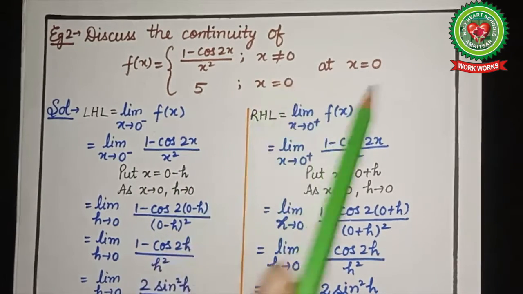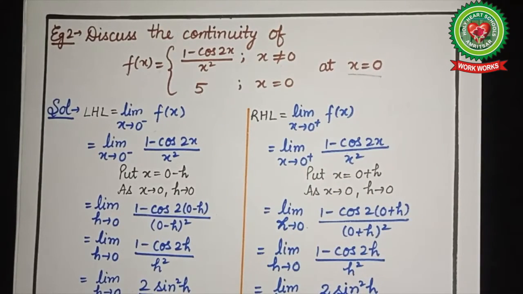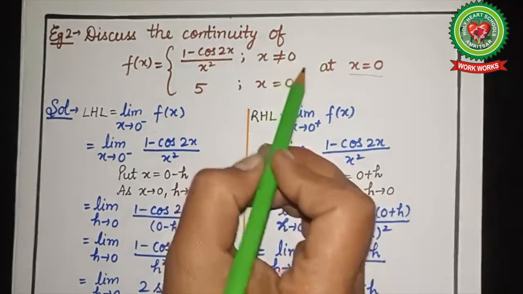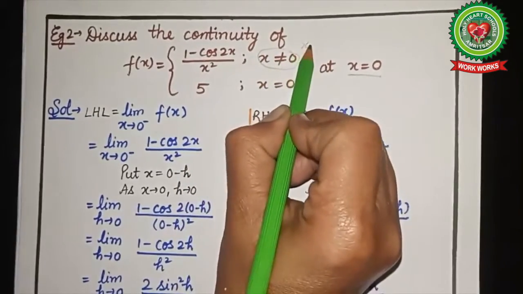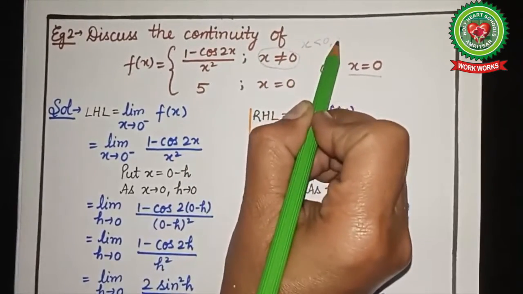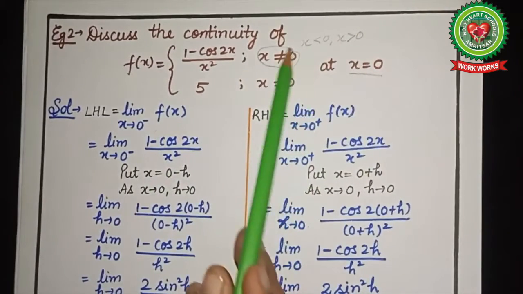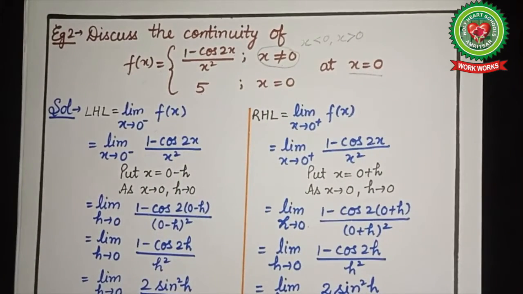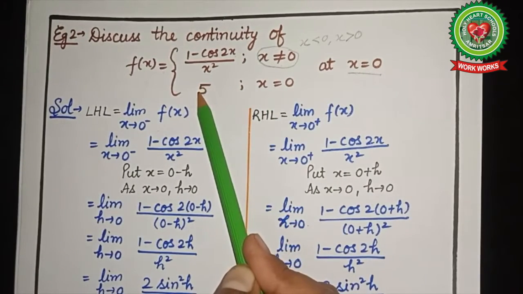So we have to check the continuity at x equal to 0. Now here, not equal to 0 means when x is less than 0 or x is greater than 0. In both cases, we will consider the first function. And for x equal to 0, we will get the value of the function, that is 5.